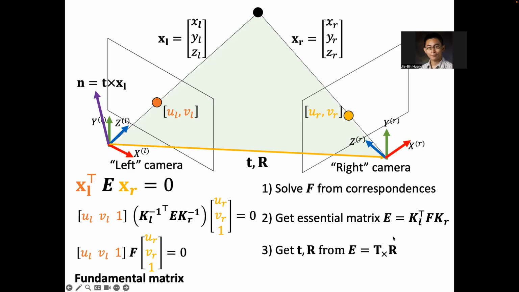Okay, so if you are able to recover the fundamental matrix as a first step, you are able to figure out the translation and the relative rotation between these two cameras. Okay, so this will be useful for any 3D reconstruction pipeline.